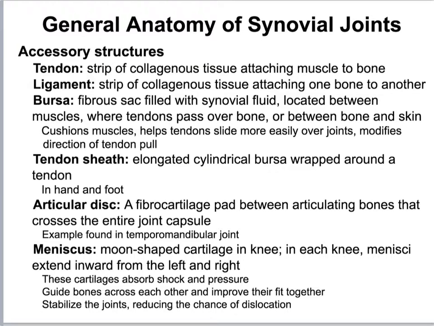So, for instance, in the temporomandibular joint, this is the joint between your mandible and your temporal bone, there is a pad of fibrocartilage there that exists to absorb shock.